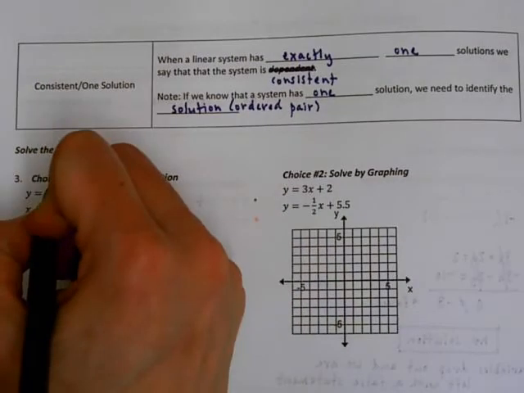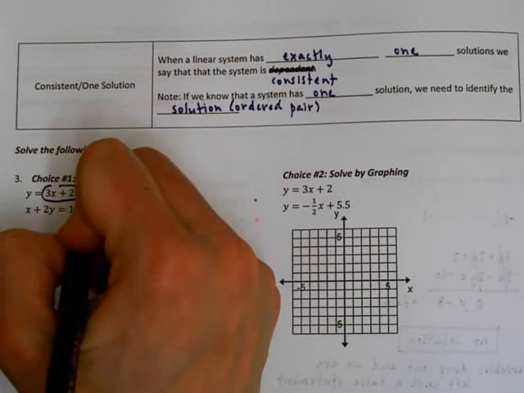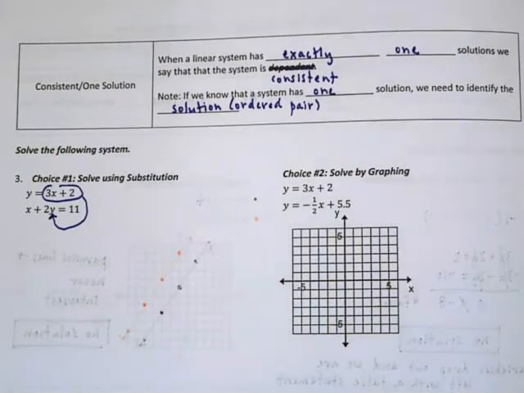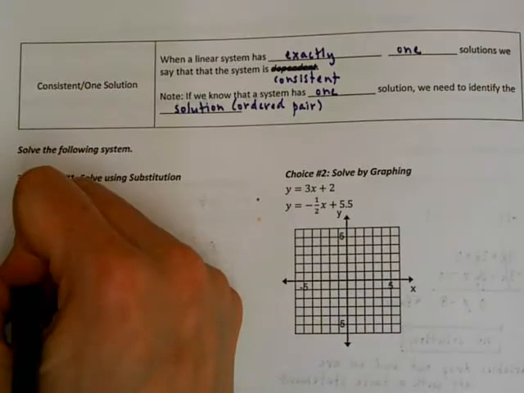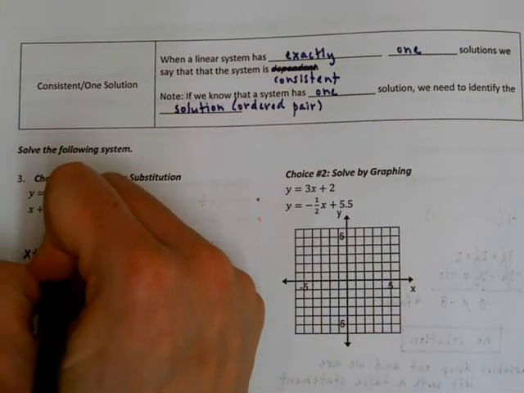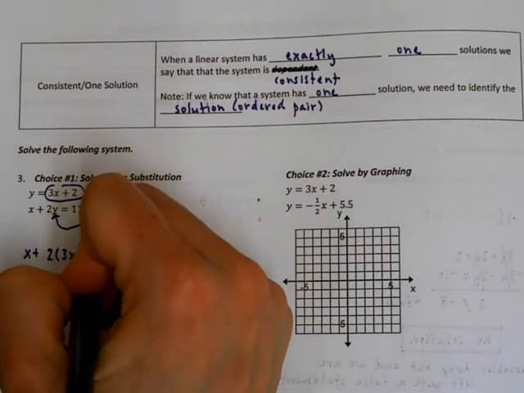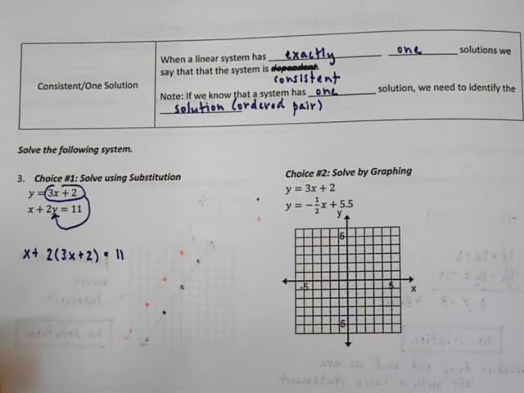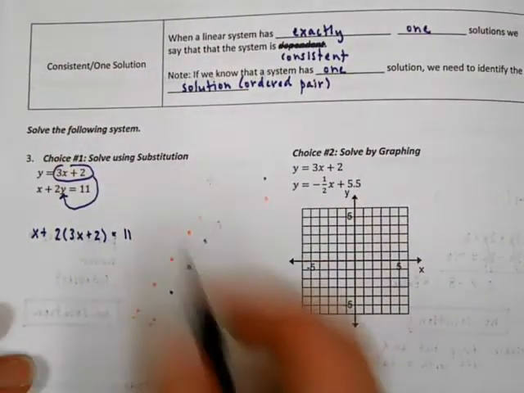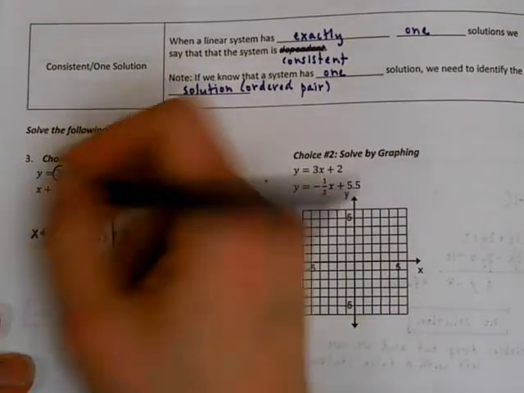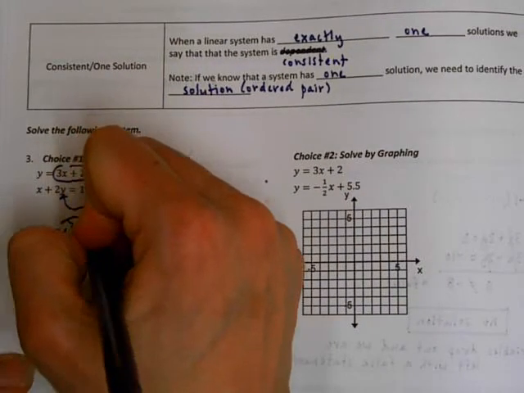Again, y is all by itself here, so I'm going to take that and replace the y. So now I'm going to have x plus 2 times, in parentheses, I'm going to replace y with 3x plus 2, and that's equal to 11. So now I need to solve for x. I'm going to distribute the 2.